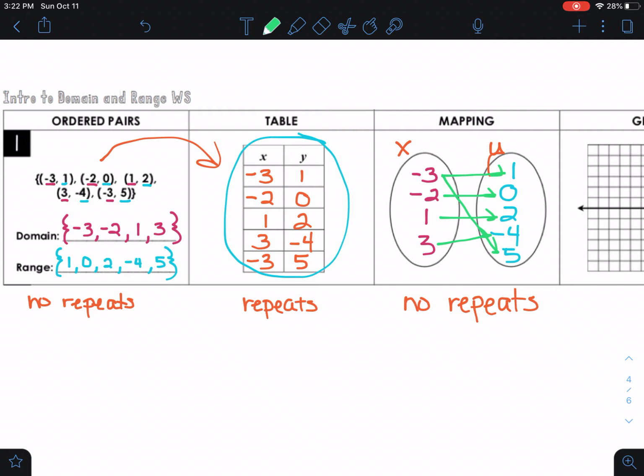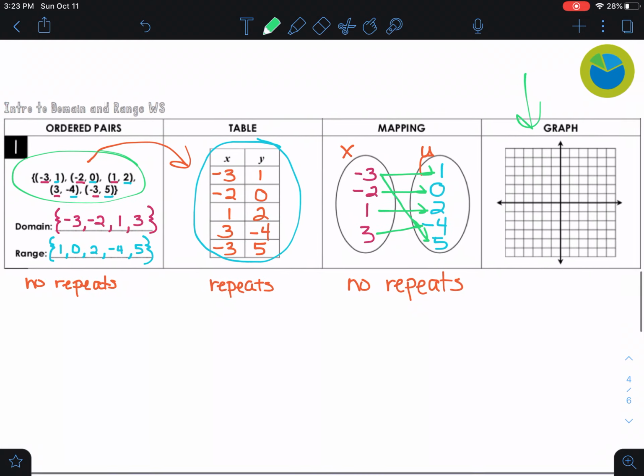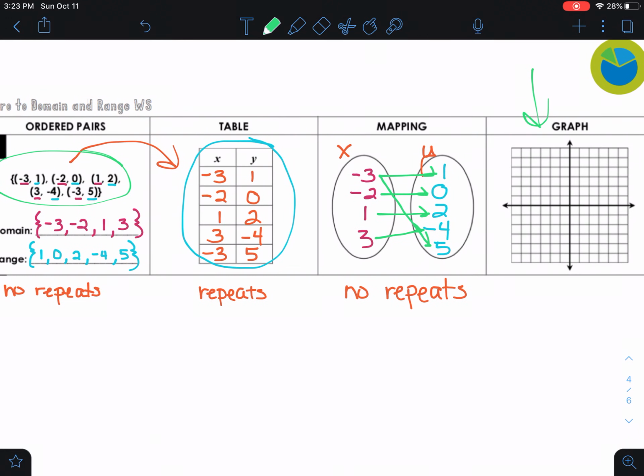Okay, again, no repeats there. All right, and then lastly, you're going to graph. So you're going to take and graph those 5 ordered pairs that you see right here, and you're going to put them into your graph. Okay? So let's do that. Remember when we graph, you're going to start at the middle, and then count whichever way you go.